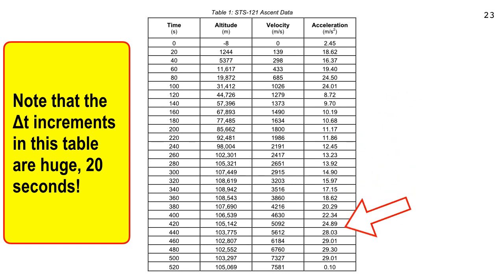But now down here, looking down here, why is that one 520 seconds into the flight? Why is that acceleration so small now? No, not because they're letting go of the solid rocket boosters, but that's probably right about here.